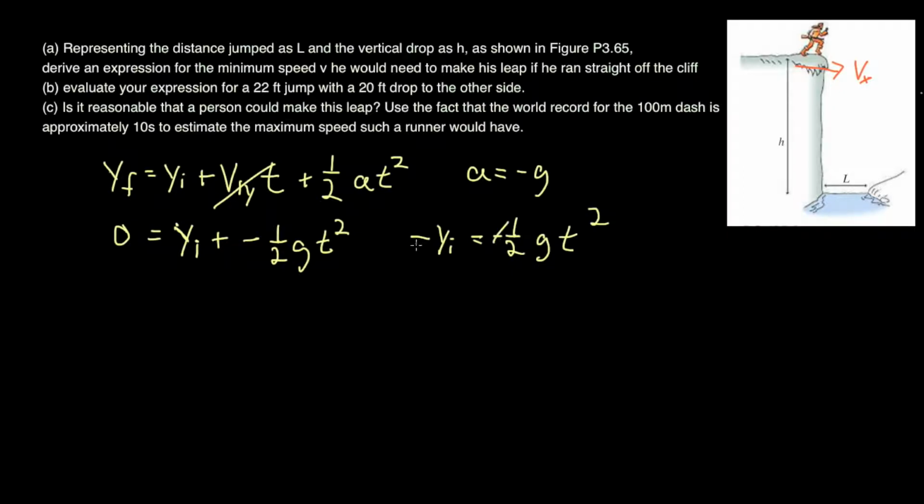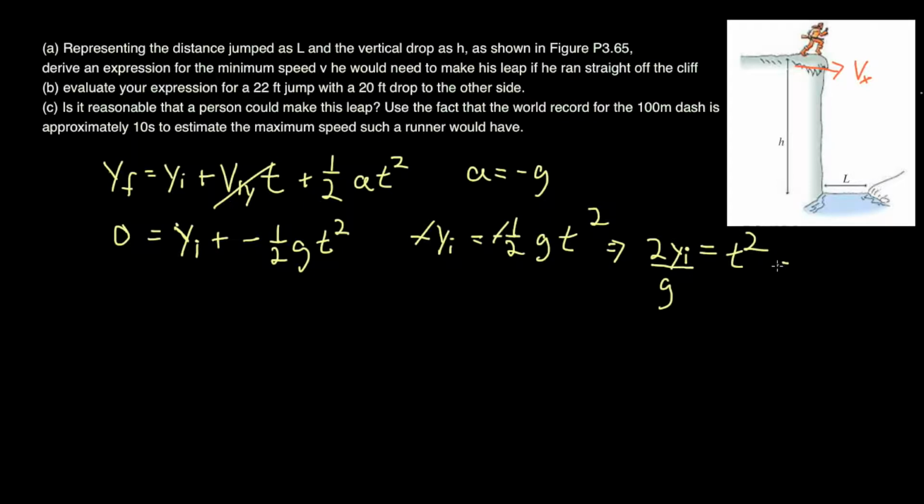These negatives go away. Then we multiply both sides by 2, so we get 2y_i is equal to g t squared, but I'm just going to divide through by g to make my steps a little easier. So this is equal to t squared.